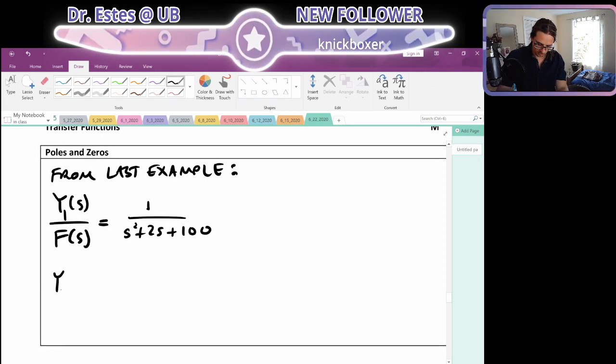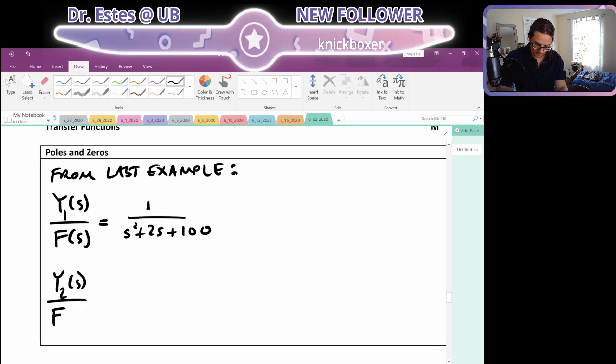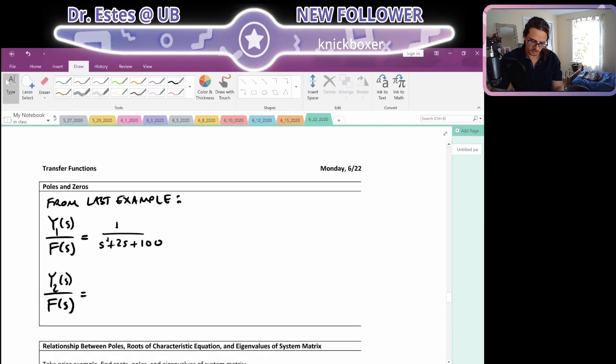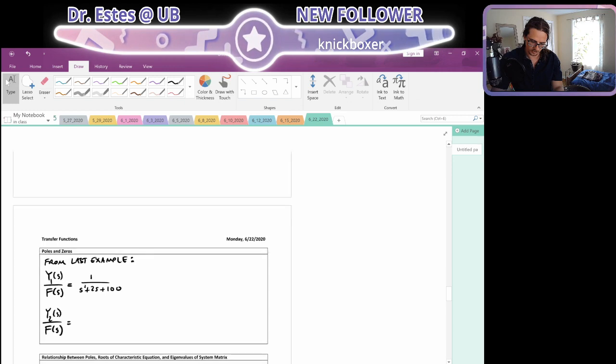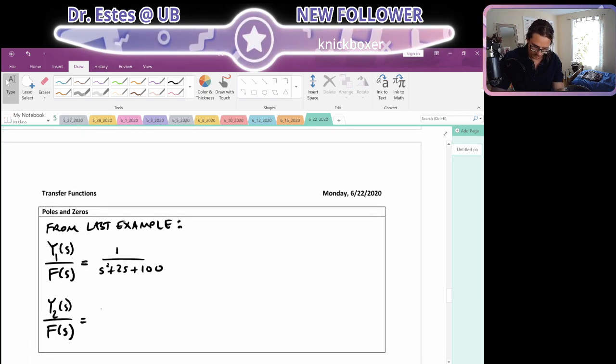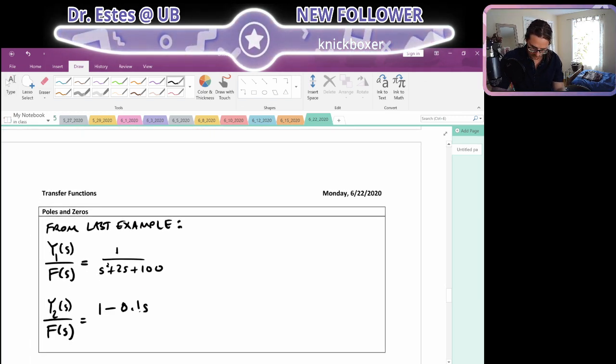And y2 of s, this was our other transfer function, is 1 minus 0.1s over the same denominator.